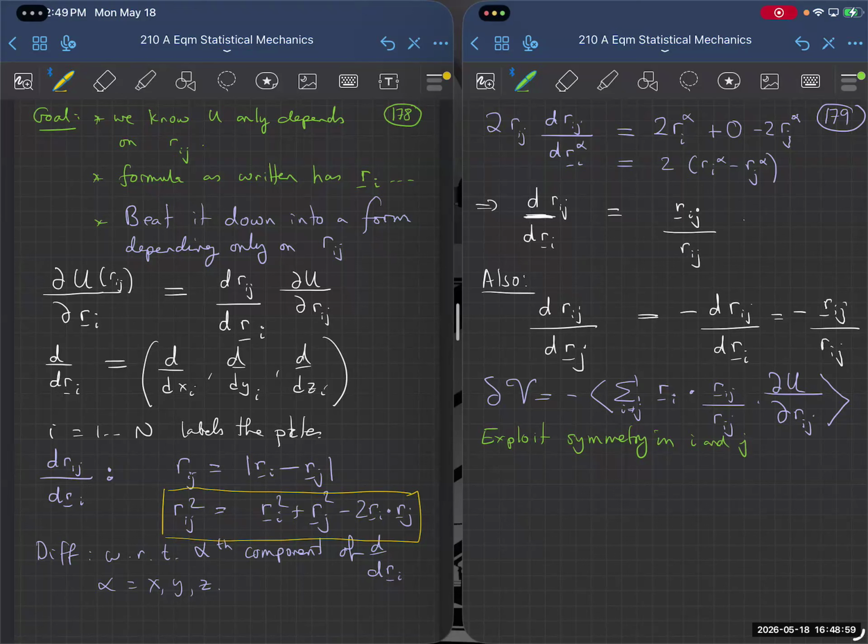And so what I'm going to do is write this as equal to minus 1/2. And I'm going to add the two terms together. So I'm going to write it as the sum over i not equal to j of Ri dotted with dU/dRi plus Rj dotted with dU/dRj.